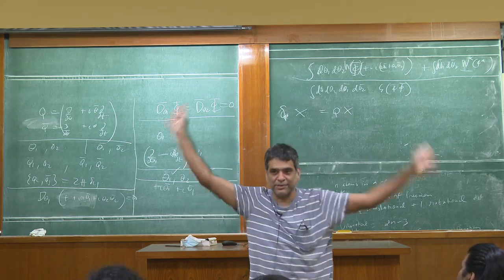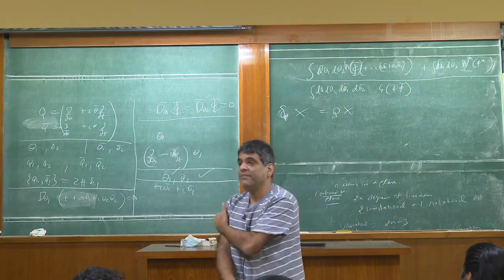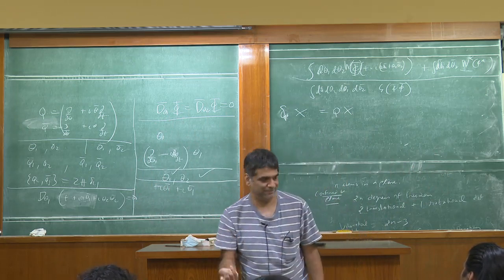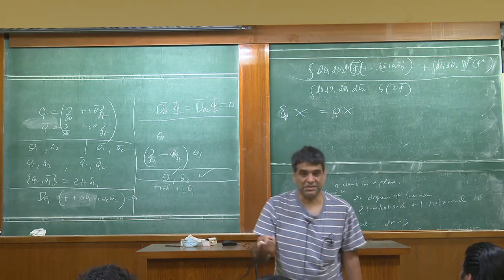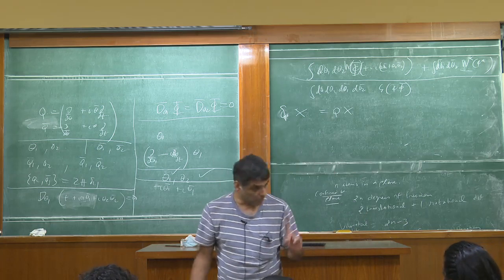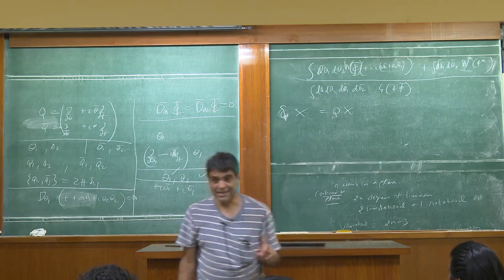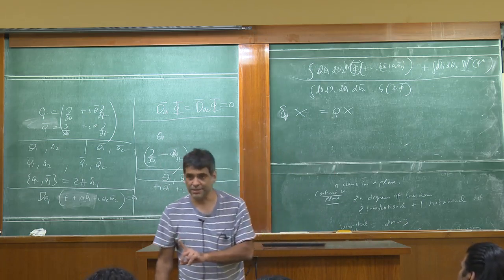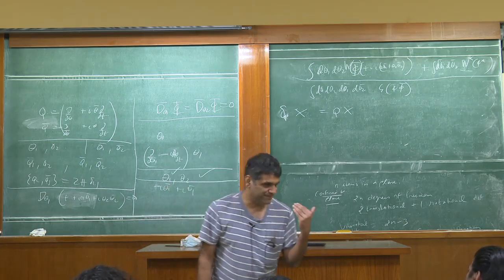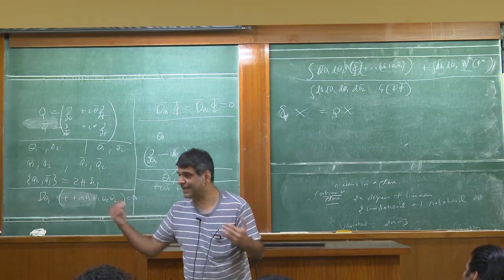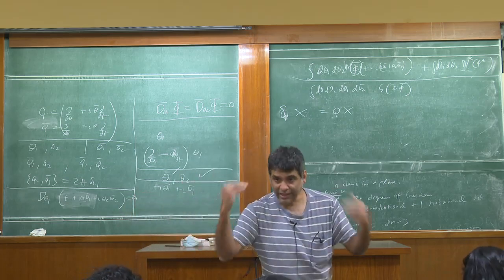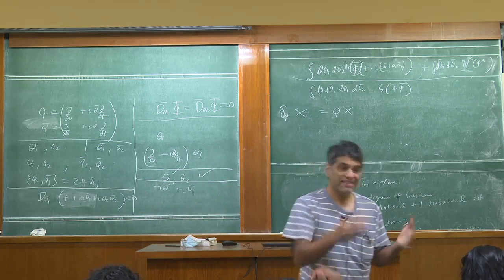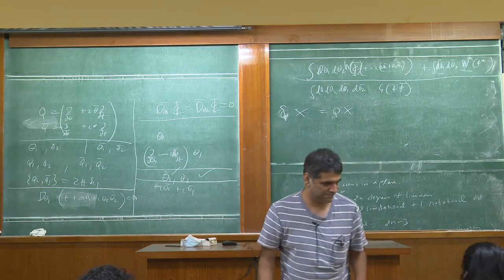Remember, this is the same argument we had earlier. You're right, we could have used D theta on phi. Nothing stopped us. But that would give us an action that is higher order in derivatives. If we want an action that is second order in derivatives and no more, this already does it.